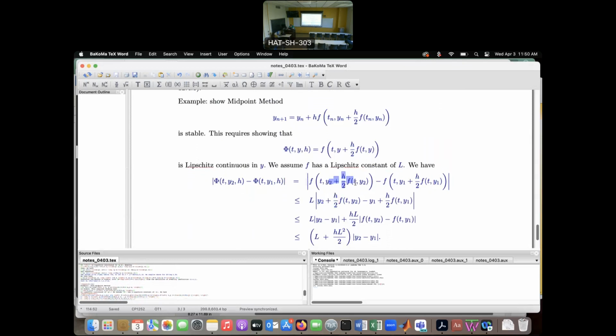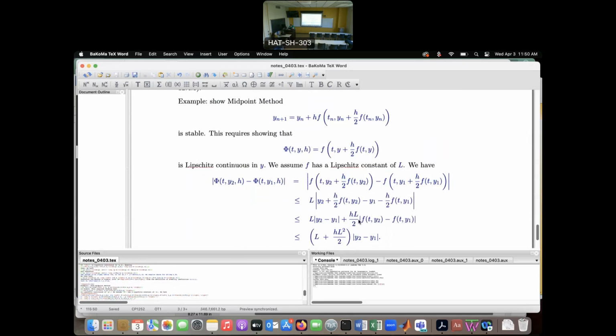So here I have this y argument minus this y argument. And whoops, that should be a minus here. Then by the triangle inequality, I have L times the difference in y values, plus hL over 2 times the difference in f values.